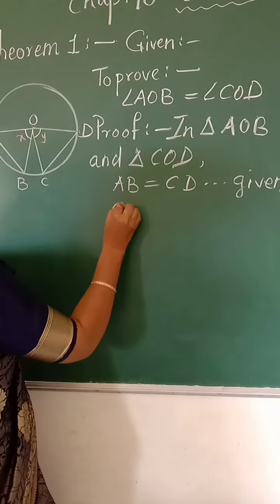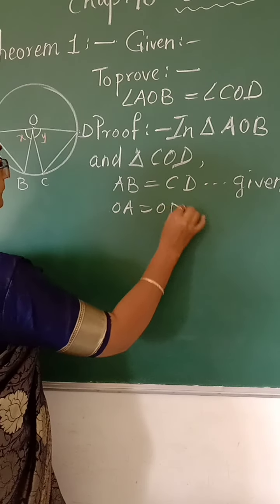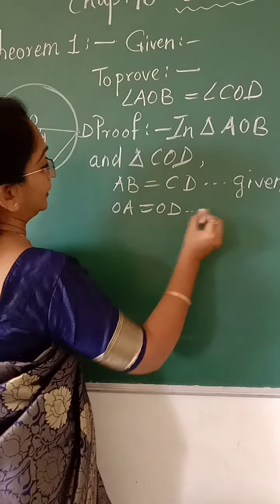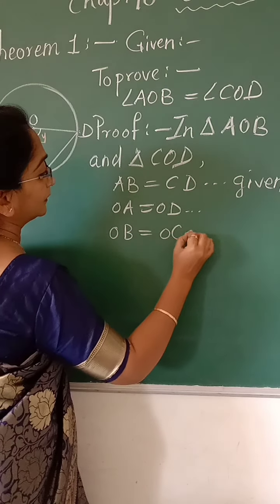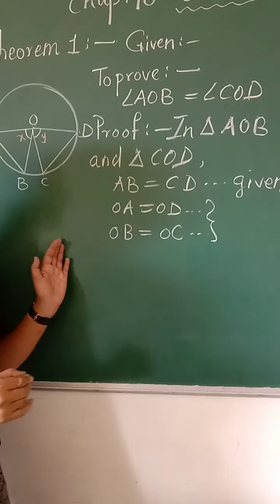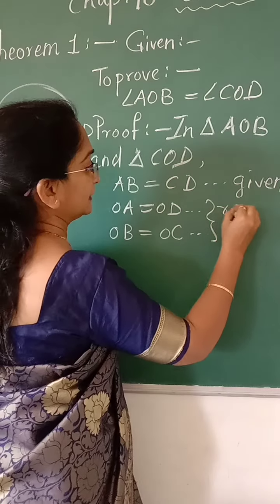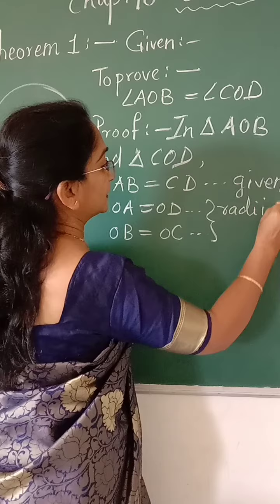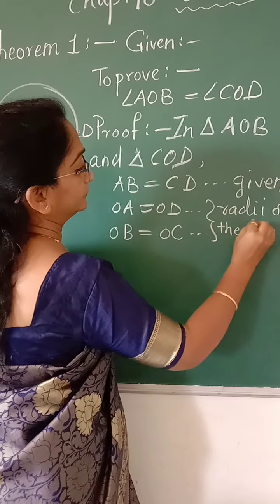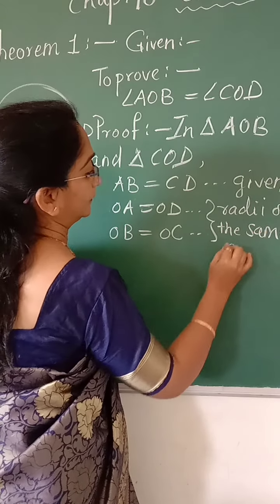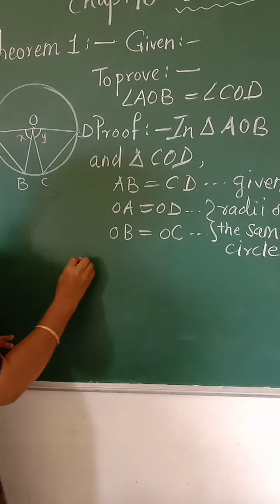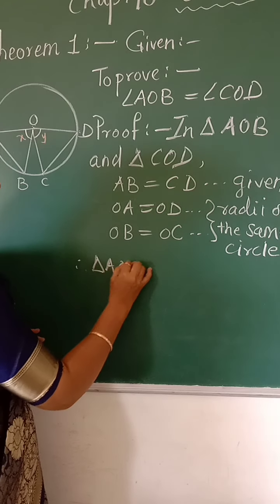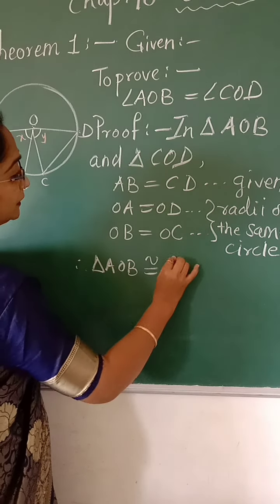The second statement will be OA is equal to OD, and again OB is equal to OC. For both statements we can write the same reason, that is radii of the same circle. And therefore triangle AOB is congruent with triangle COD.